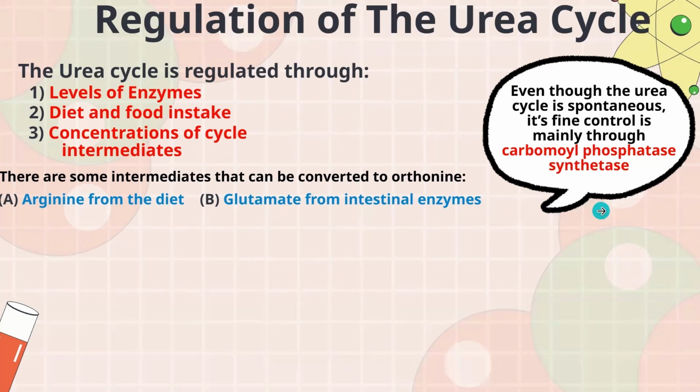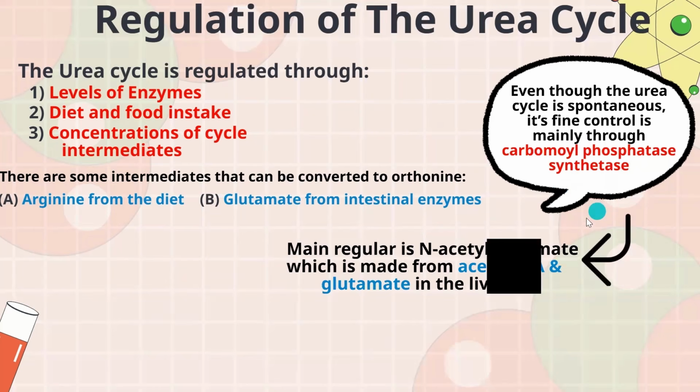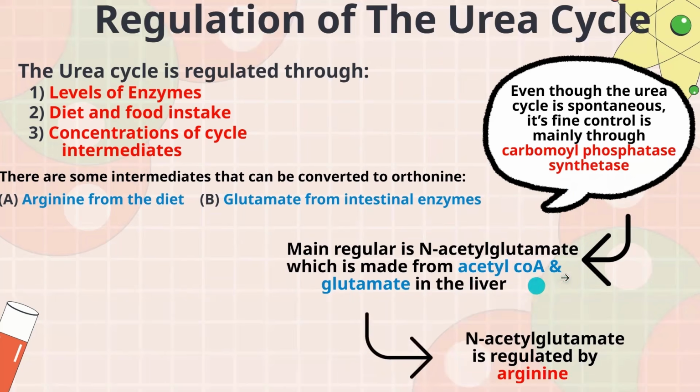We talked about what it's regulated by, which was N-acetylglutamate. And it is basically made from acetyl-CoA and glutamate in the liver. And you know how we talked about how N-acetylglutamate regulates carbamoyl phosphate synthetase? It is also regulated by arginine.